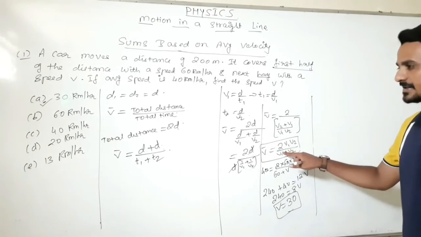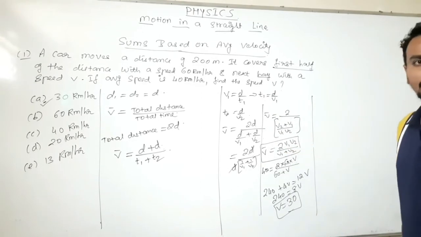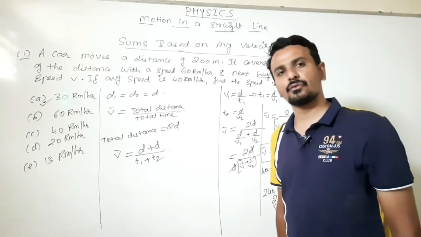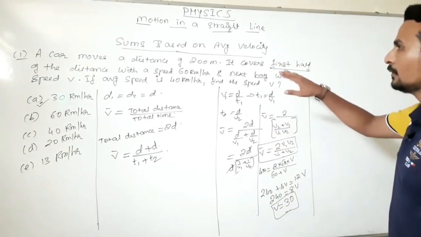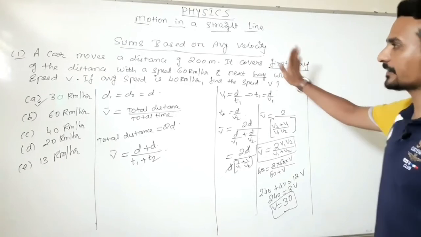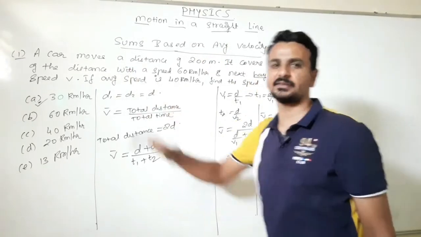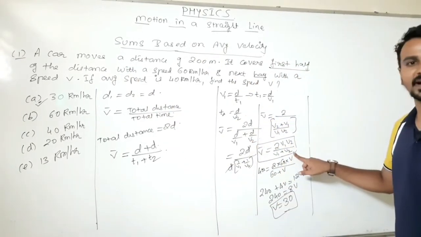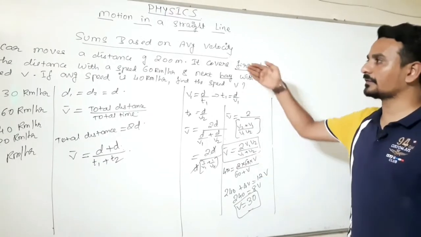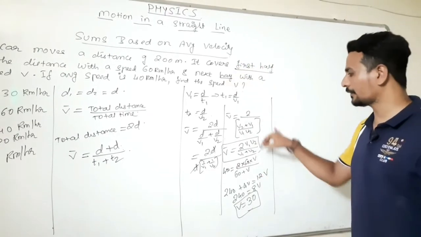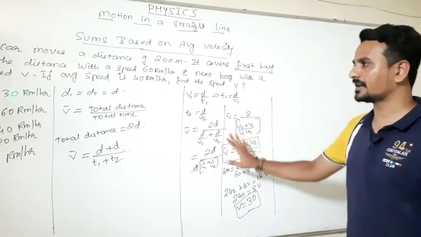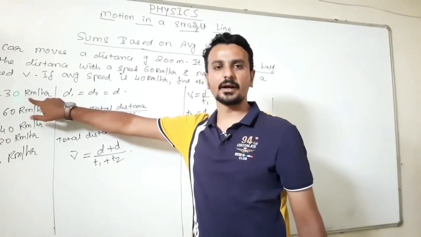The only thing you need to take care of is to understand whether the distance is the same. If it is, only then you can use this formula directly. If distance is not given the same, we cannot use this formula. Clear? So for this, the answer is option A, 30 km per hour.